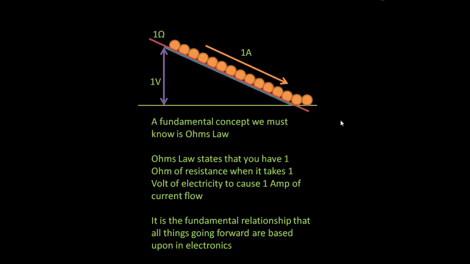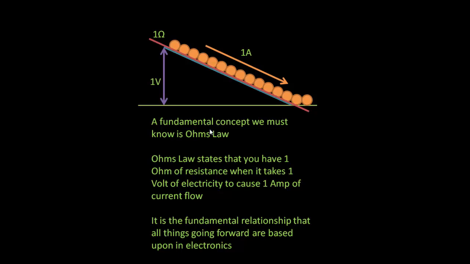All right, hope you're hanging with me at this point. If not, watch my video again. Go watch some other videos on the same topic. There's lots of different ways to represent this. I'm using this balls on the board analogy. But this is a fundamental law that we have to learn at this point in time. It's actually not a law, but it's a relative relationship between volts, current, and ohms.